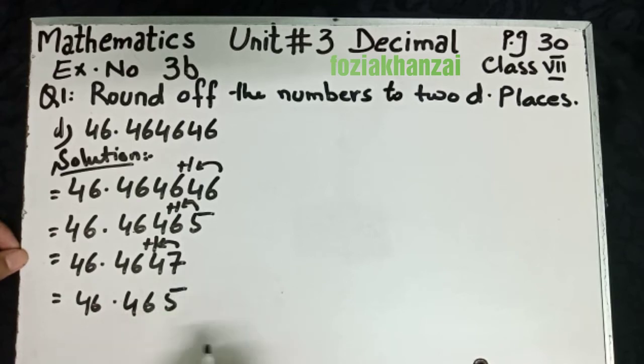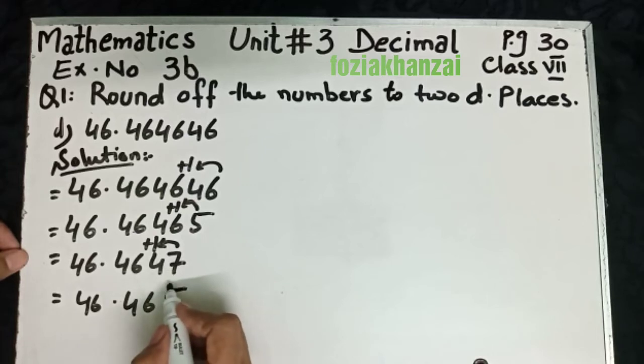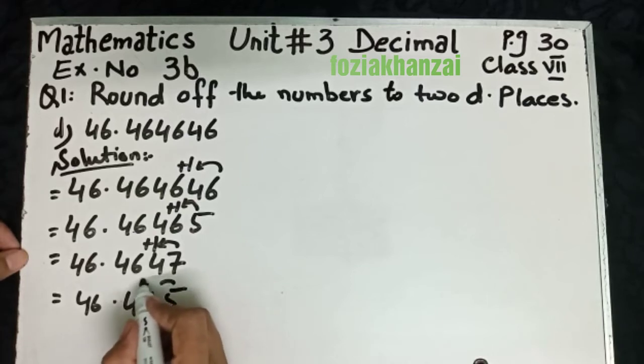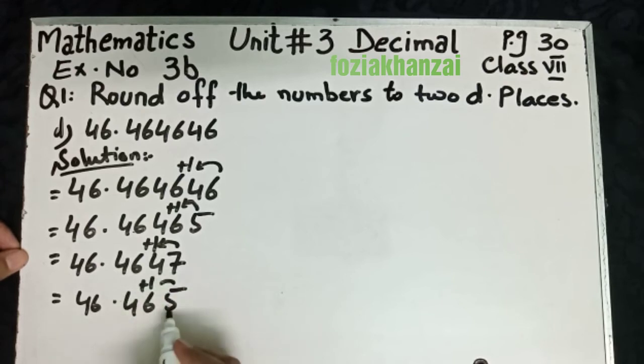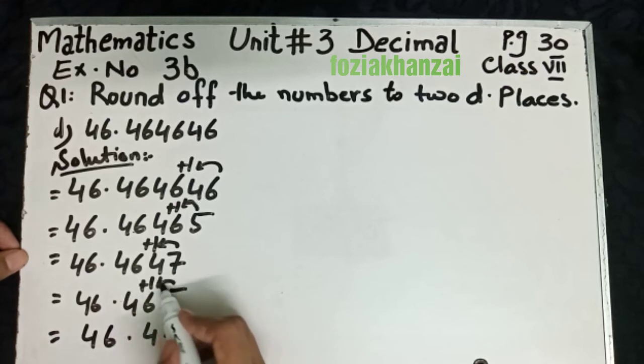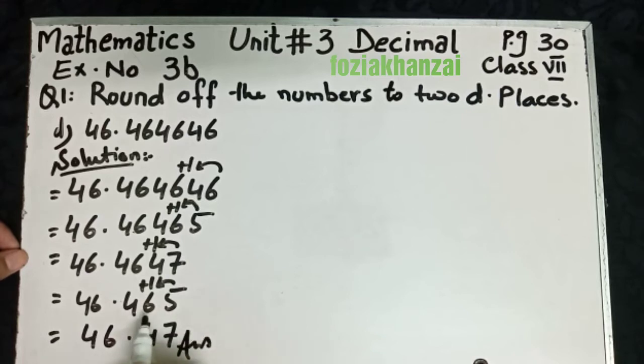Now 5, if we have 5 or greater than 5, we add 1 to the previous number. So the last step, 46.47. Okay, 6 plus 1 is 7. The previous number 6, so 6 plus 1, 7 would be the answer of part D.